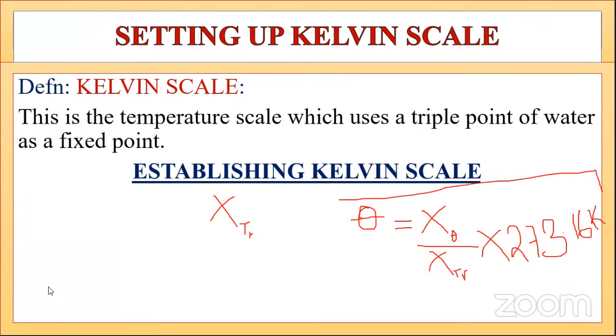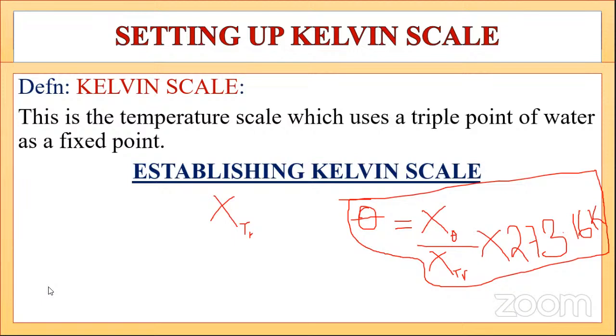Is that okay, everyone? Yes, sir. Very good. But you have to note that theta will be in Kelvin. Is that okay? Theta is going to be in Kelvin under thermodynamic scale.